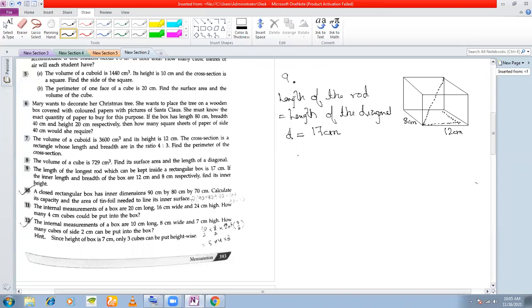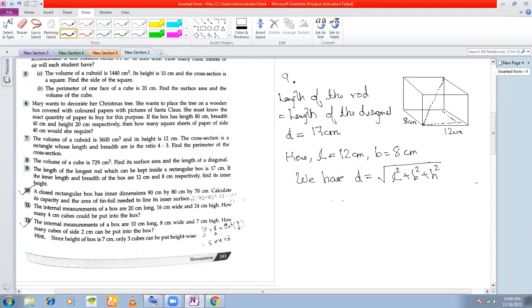Okay. What is the length given here? Length given here is 12 centimeter. Breadth given here is 8 centimeter. So what should be the inner height? Which formula should we use? We should use the formula for length of the diagonal. So we have D is equal to square root of L square plus B square plus H square.